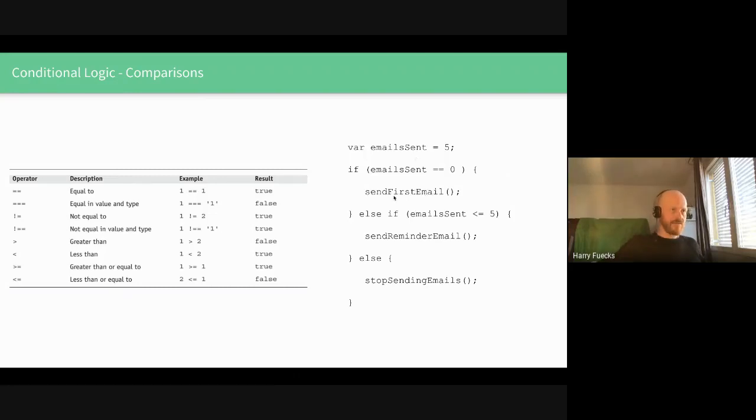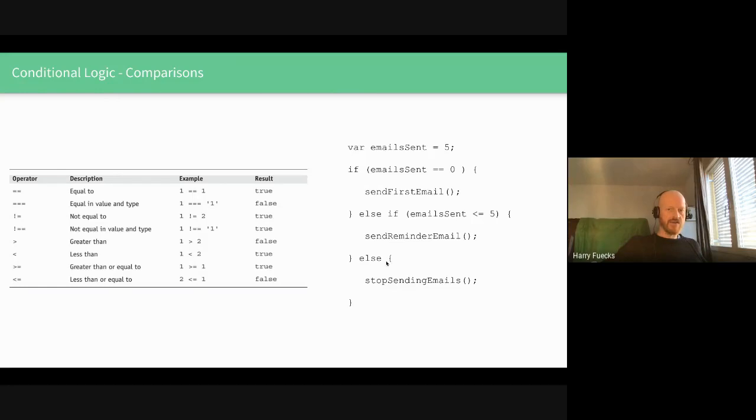So if we haven't sent any emails, let's send our first email. Here I've introduced something new, else if. Else if the number of emails sent is less than or equal to 5, then we'll send a reminder email.